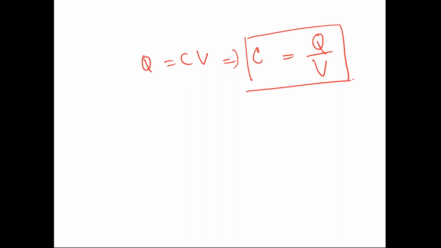I have told you that you have the relation Q is equal to C into V. If I want C, it is C is equal to Q by V. So I can tell the unit from here. This is Q by V, that means coulomb per volt, right? Coulomb per volt has a separate name for this unit. This is called the farad.